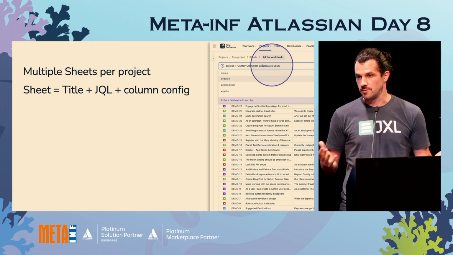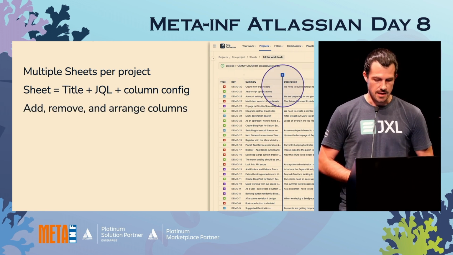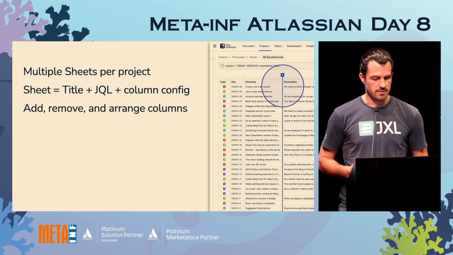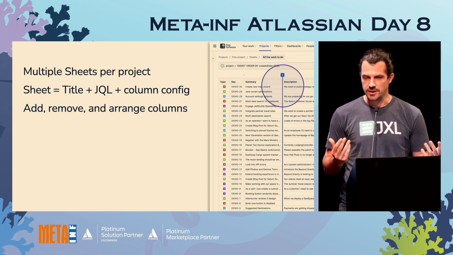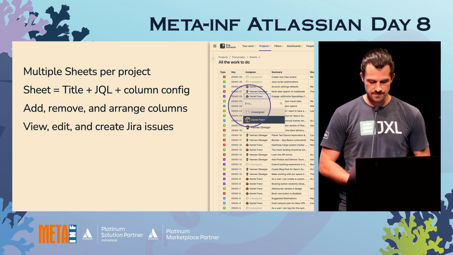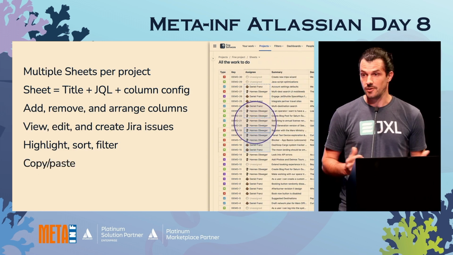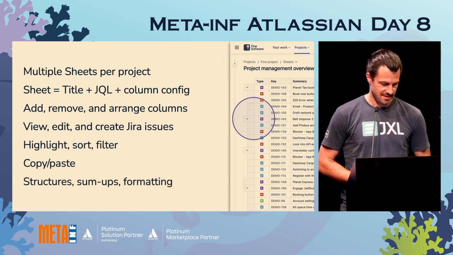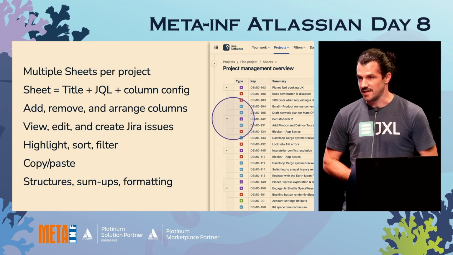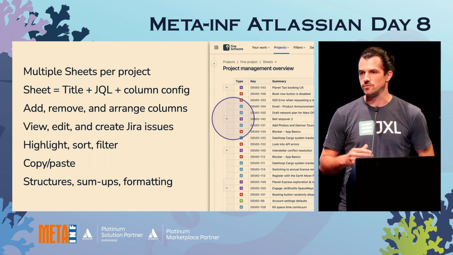And it has a so-called column configuration, depending on what problem you're trying to solve. While configuring your sheet, you're adding, removing, rearranging columns. And once you're done with that, you can actually start working on your issues. You can highlight, sort, and filter. You can copy-paste, my favorite feature. And you can use a number of advanced features ranging from issue grouping, issue hierarchies, to conditional formatting.